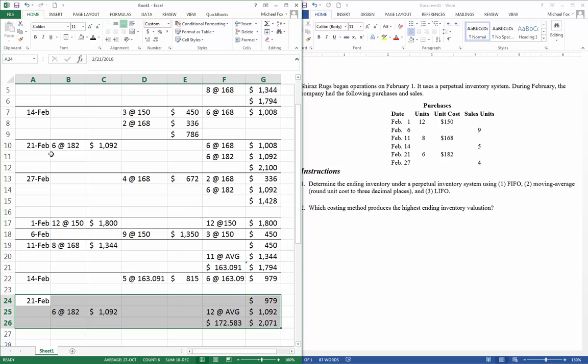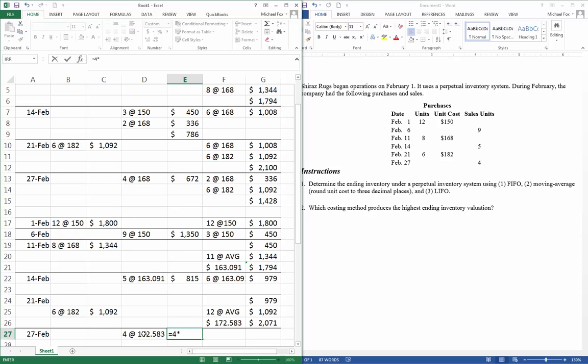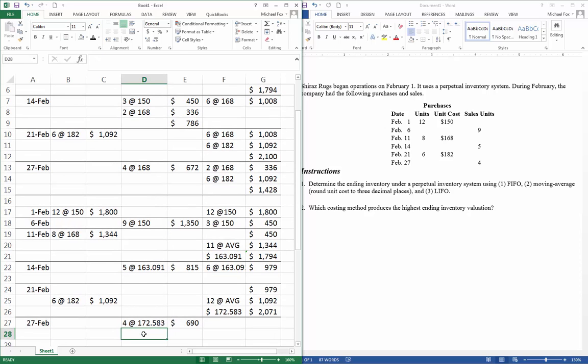So now, on the 27th of February, when I have another sale, I'm going to sell how many units? 6 units? No, 4 units at 172.583. So I've got to find a new average each time. And then my remaining 6 units, I'm sorry, 4.